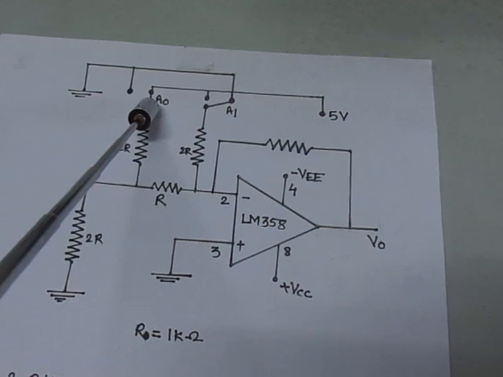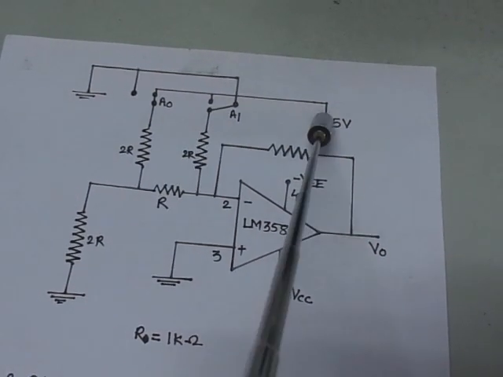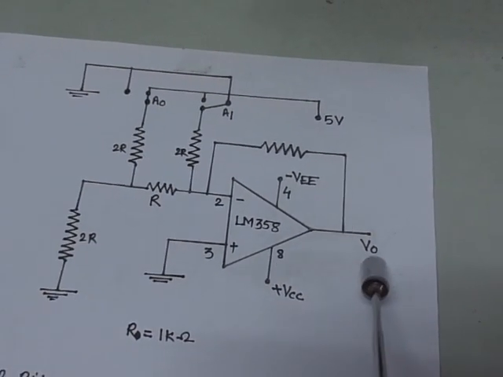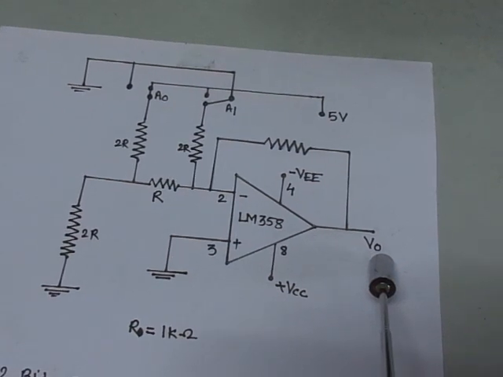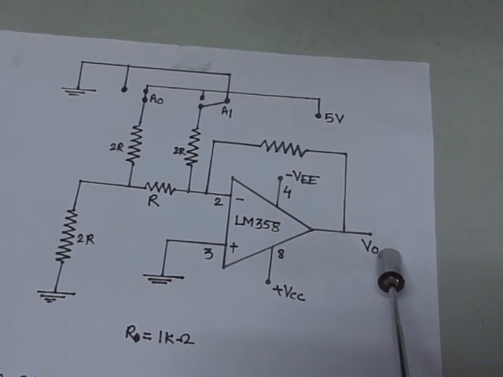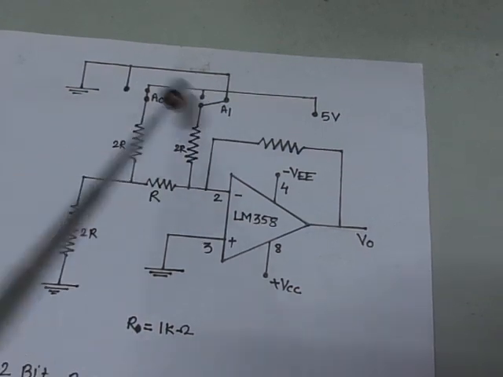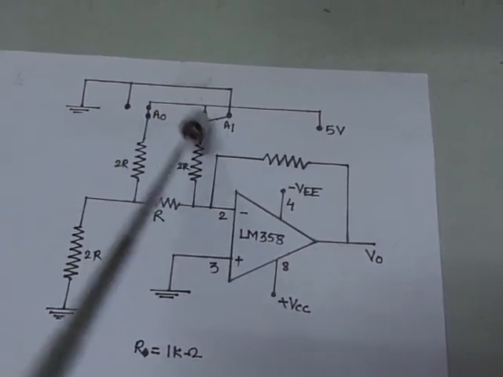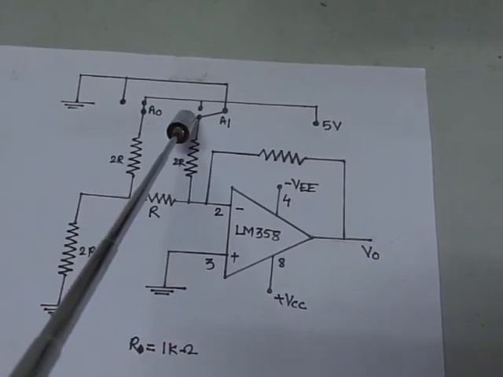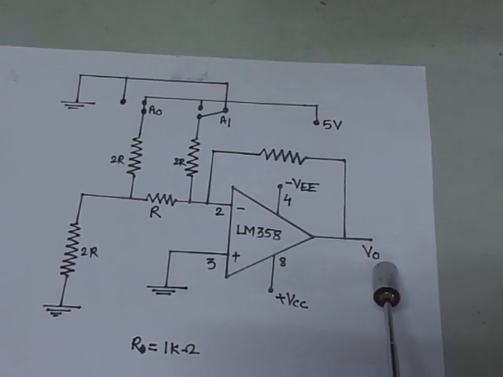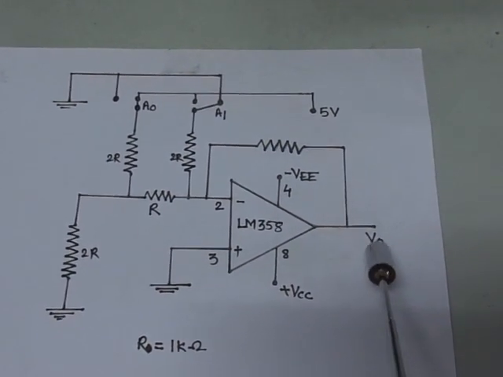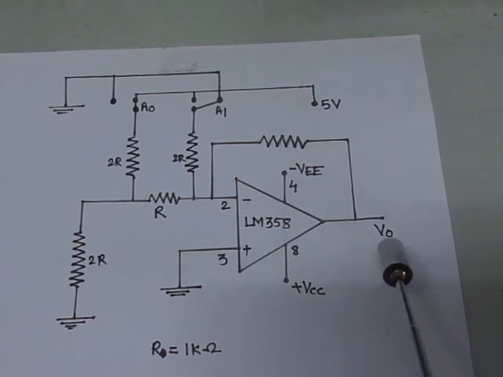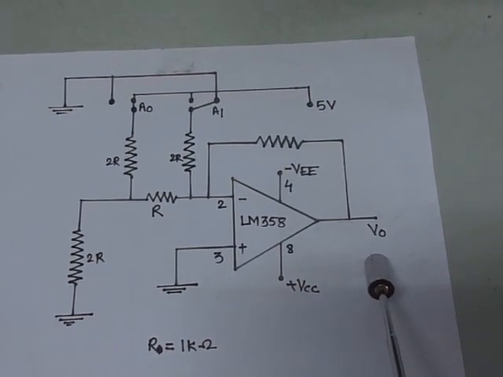Remember one thing, when both A0 and A1 are connected to 5 volts, the effective output voltage we are getting is minus 7.5 volts theoretically. In this way, the digital inputs which we are applying, 0 0, 0 1, 1 0 and 1 1, correspondingly get converted into steps of 2.5 volts: 0, minus 2.5, minus 5 and minus 7.5 volts theoretically.